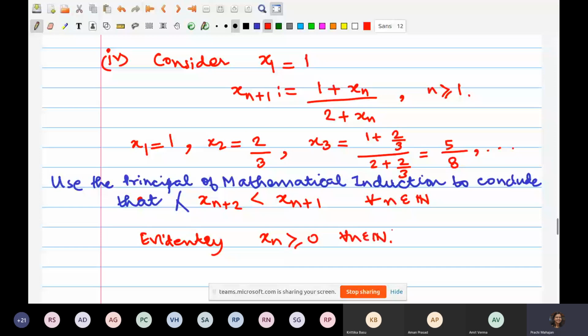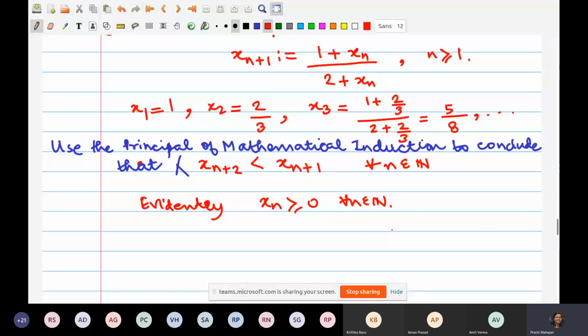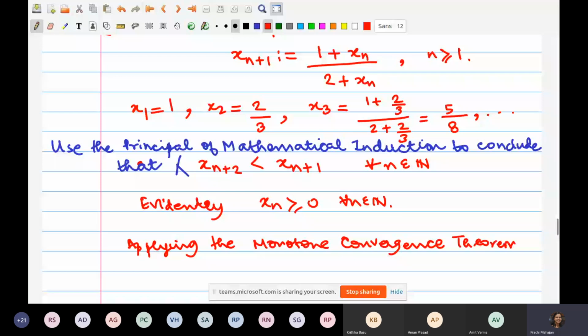So this is bounded below, which means that, applying the monotone convergence theorem, it follows that the above sequence converges. The sequence xn converges, right?